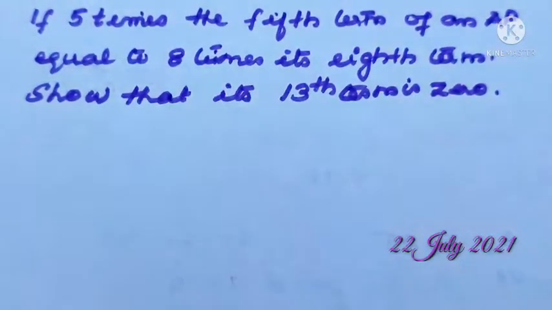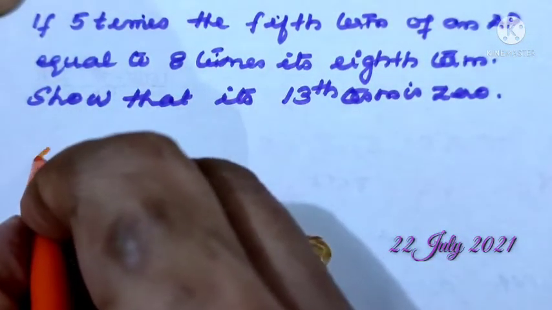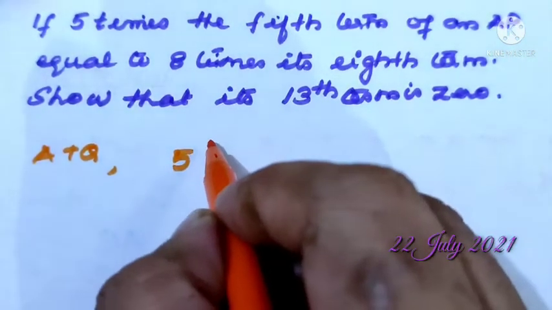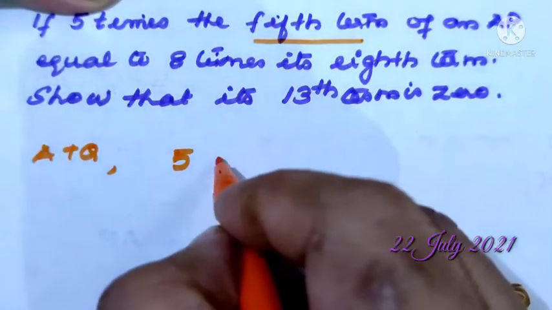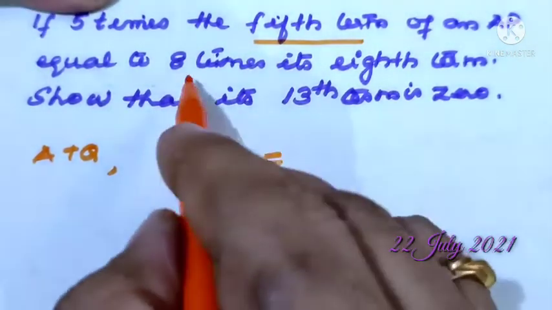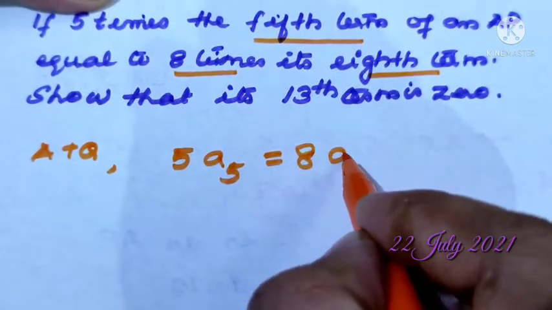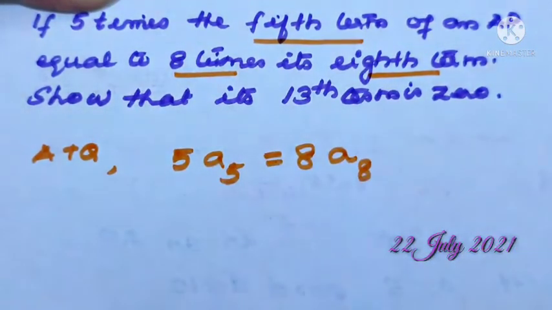If 5 times fifth term of an AP equal to 8 times eighth term, then show that 13th term is 0. So according to the question, what is given? 5 times fifth term A5 equal to 8 times its eighth term, right?